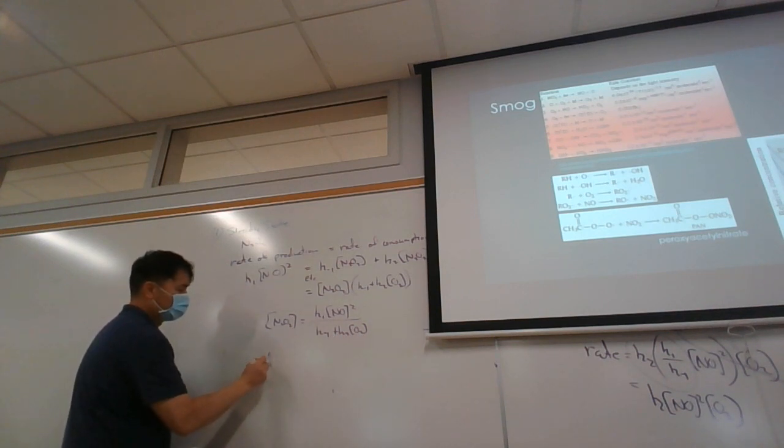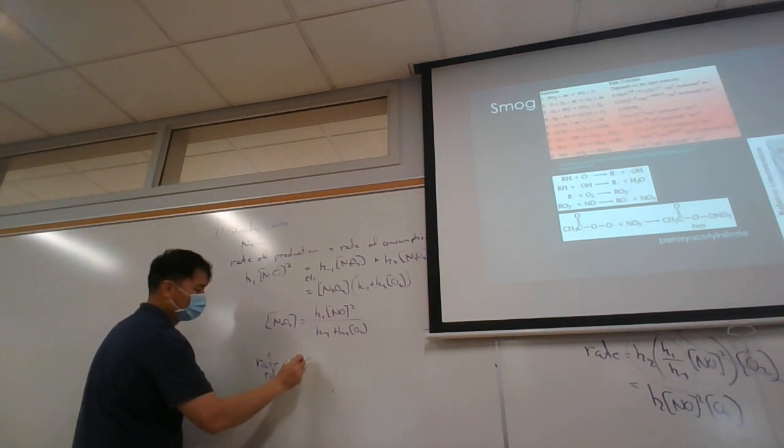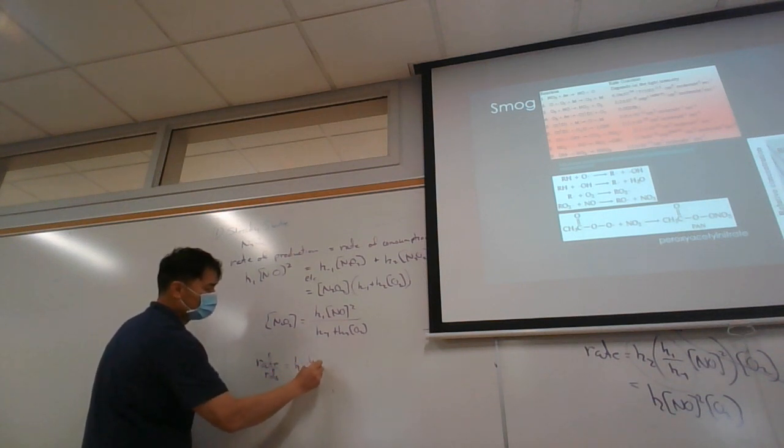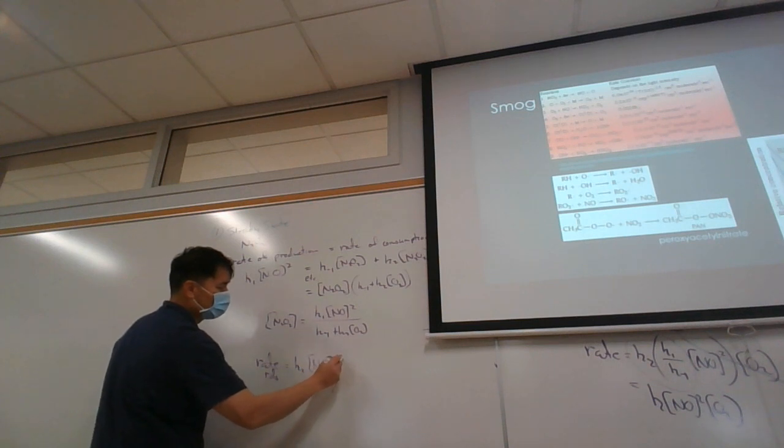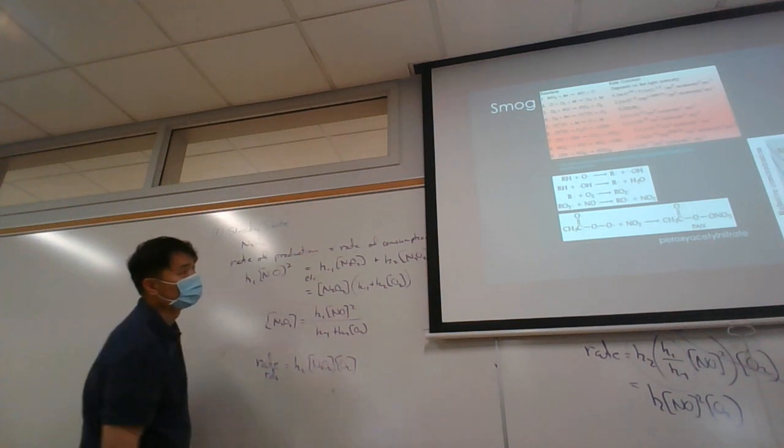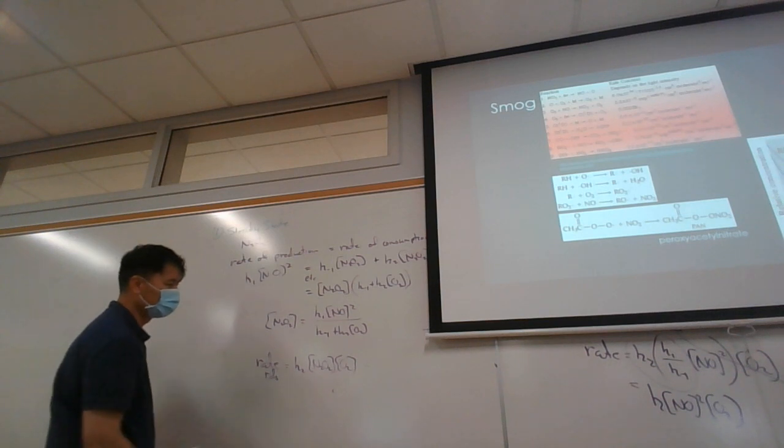And then the rate of the RDS is equal to K2 times the N2O2 times the O2 that we had up earlier.